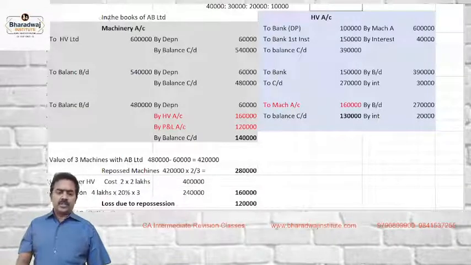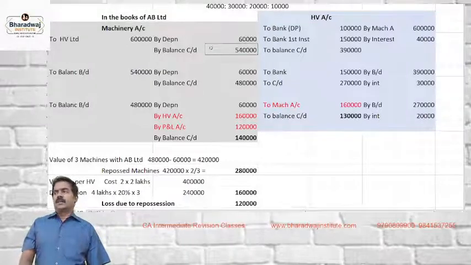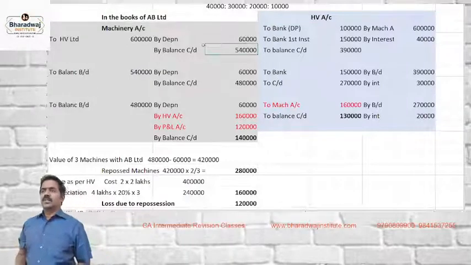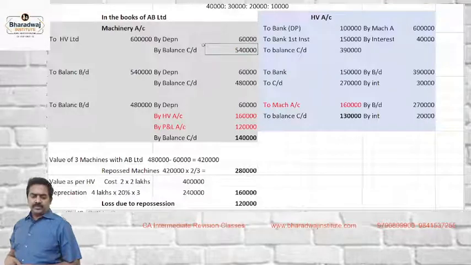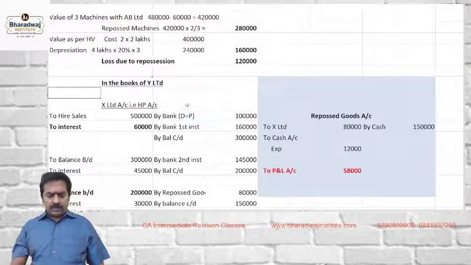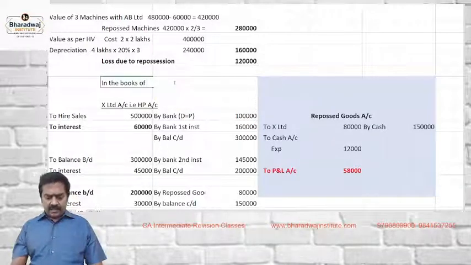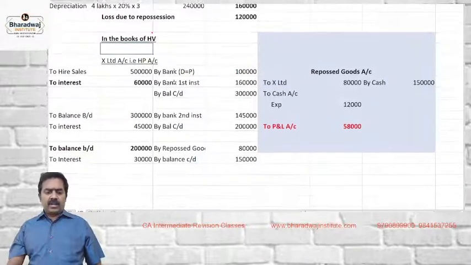This is in the books of which party? Hire purchaser. Do it in the books of hire vendor also. Try. In the books of the other party, who's the other party? Hire vendor. What are the accounts we will prepare?